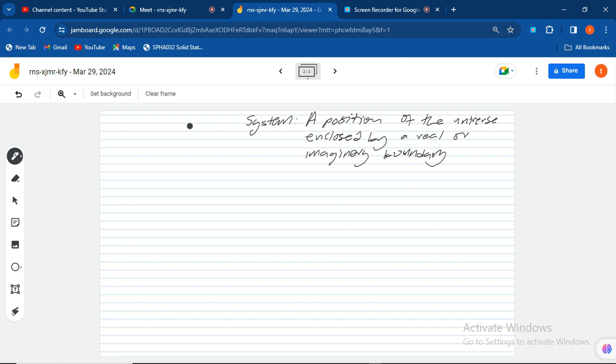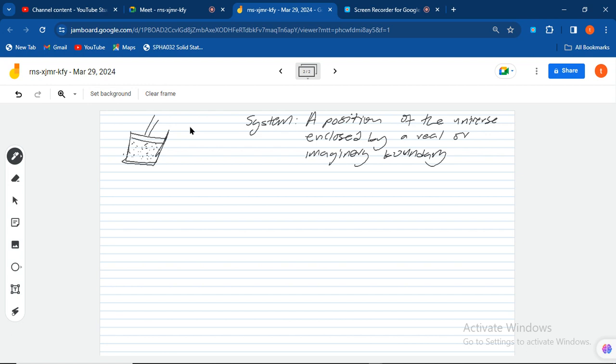So an imaginary boundary and a real boundary, how can we identify that? Let's have this as an example of a system. You can see that we have a boundary here.